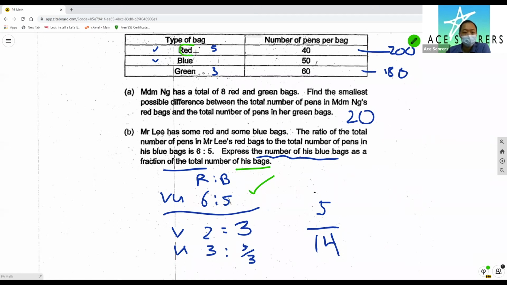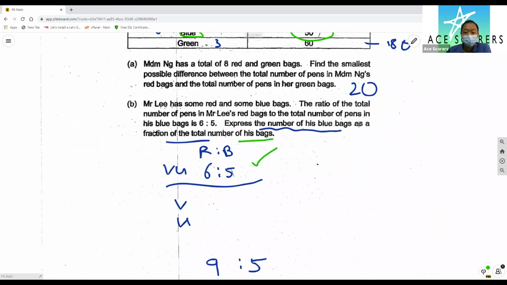Red is 40. Blue is 50. Okay, I used the wrong value. That's why. Simple error, yeah? Let's do it again.